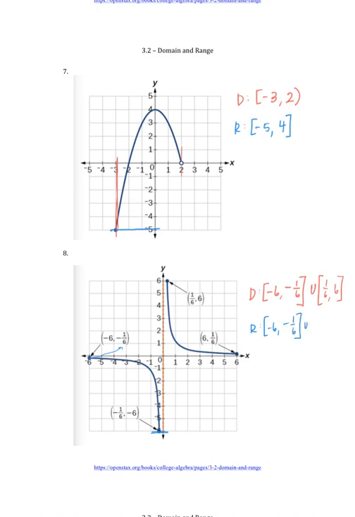Union, the next piece starts at 1/6, and it goes all the way up until 6. The domain and range happen to be the same because they use the same type of points. That's not always going to be the case, but it is this time. So you just need to look at your points and see if that's the case or not.